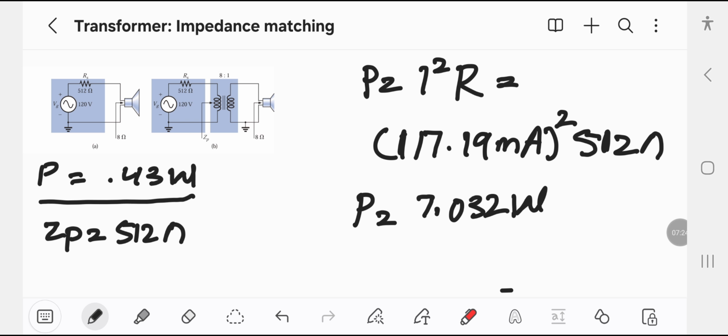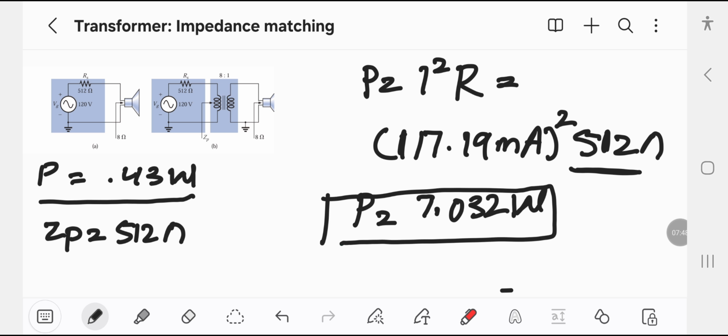Here we put the primary impedance as the load. The power delivered to the primary is equal to the power delivered to the secondary for the ideal case. So the power delivered is 7.032 watt.